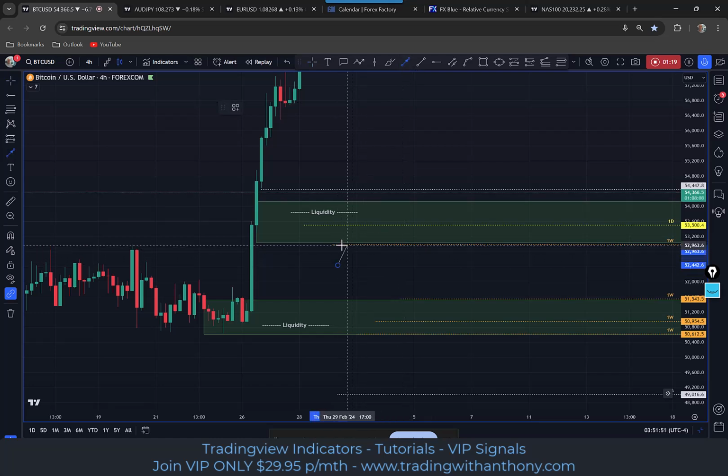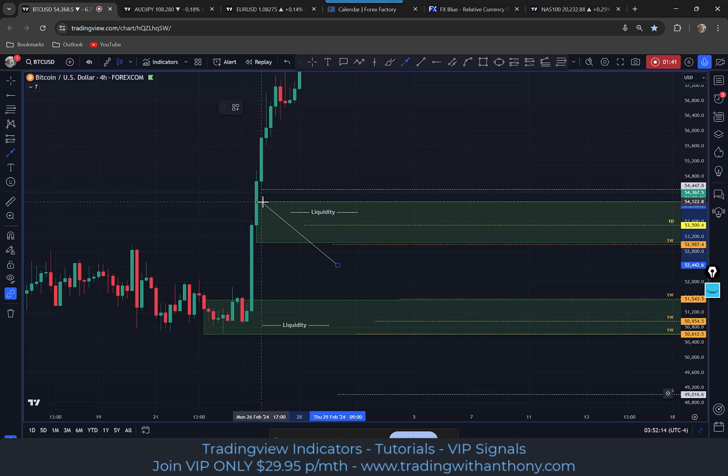This orange dotted line, I pulled it from a previous weekly and it coincides with this high over here. And then this yellow line is a previous daily high or low, and I'm taking the candle body level. So we've got a previous daily, a previous weekly, and this one was significant as well.